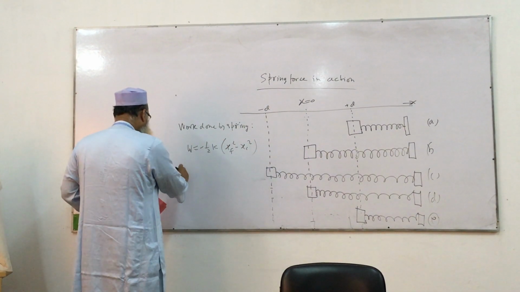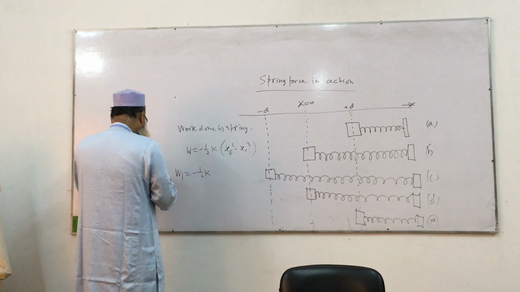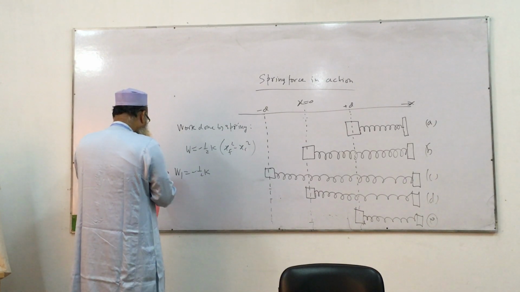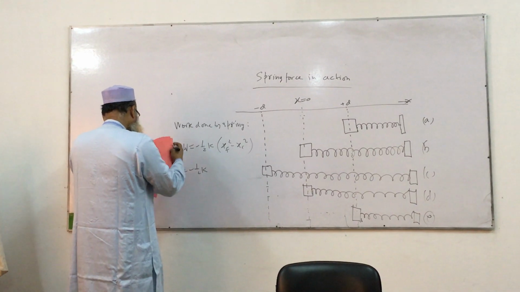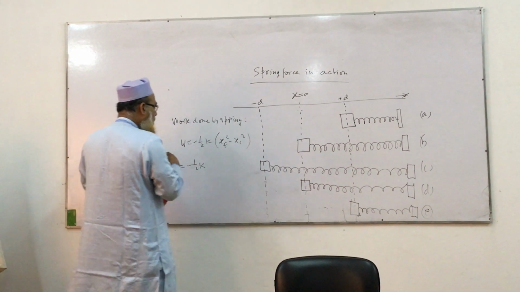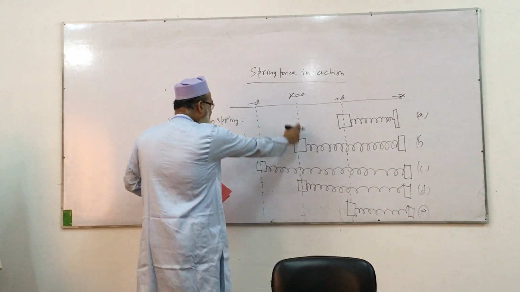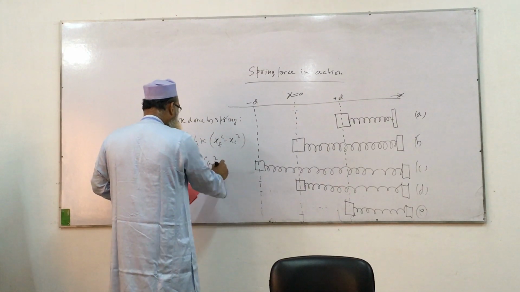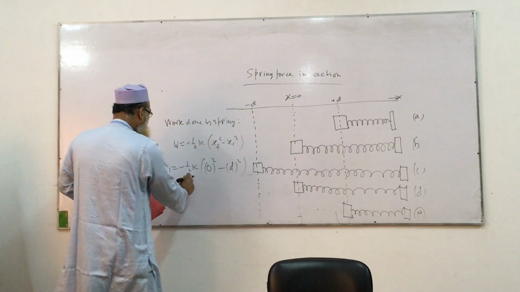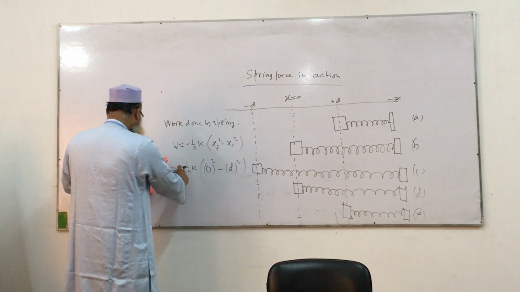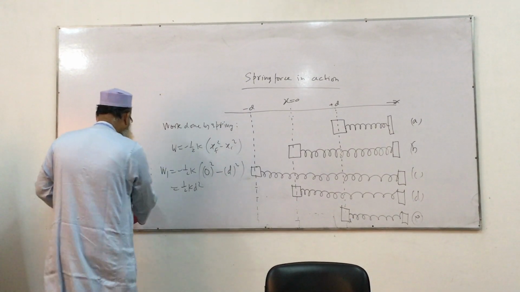So W1 will be minus half K, final position x equal to 0, so 0 squared, minus initial position, which is plus d squared. This gives plus half K d squared.